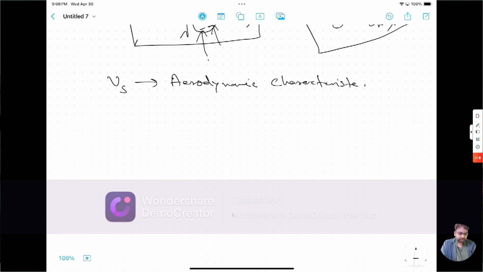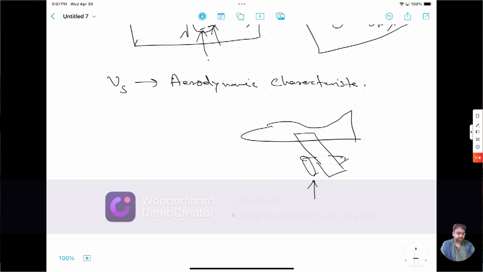Suppose this is your aircraft guys, and here you are using an engine. You know very well, the engine rating is given on the engine itself whenever it is made. Like the aircraft can produce the minimum velocity, suppose 40 meter per second.